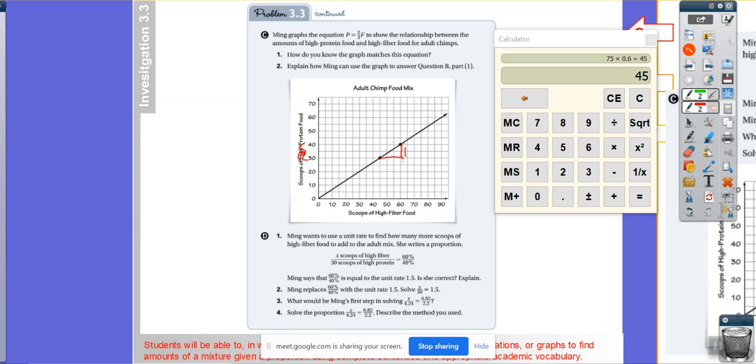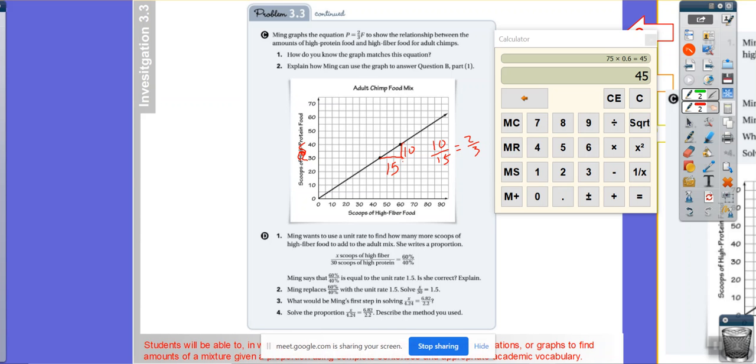Is that 10? Yes. Okay. How far across did I go? 15. Is 10 over 15 equal to 2 over 3? Yes. It worked every time, didn't it?